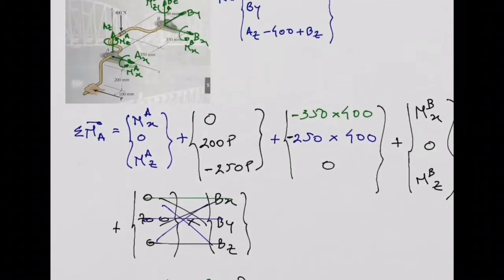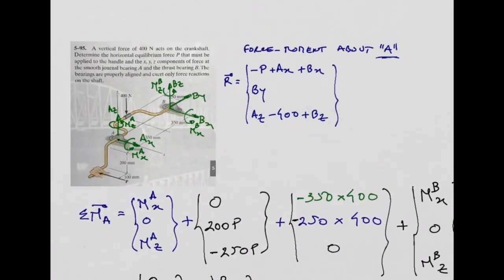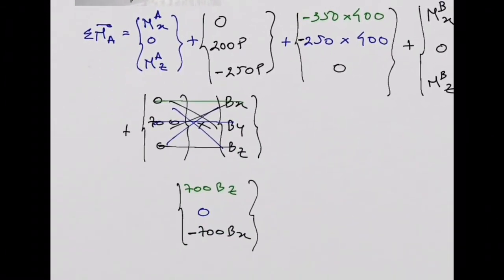And it is very interesting because, as you can see, for example, this reaction By, the moment produced by this By about point A should be 0 because By is passing on point A, isn't it? And you can see here that in the result, there is no By. Okay? In this result here at the end, you don't see any By there. Okay? So this is just to say that the external product automatically gives you the moment vector. You don't need to worry with anything else. All right?